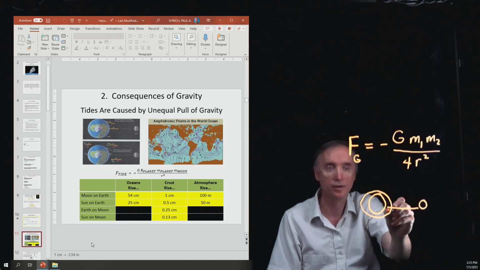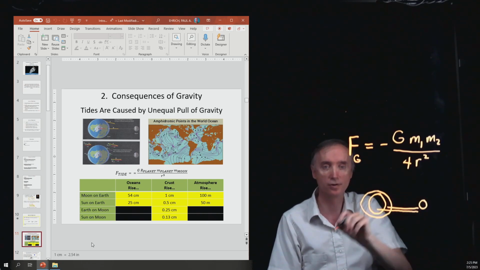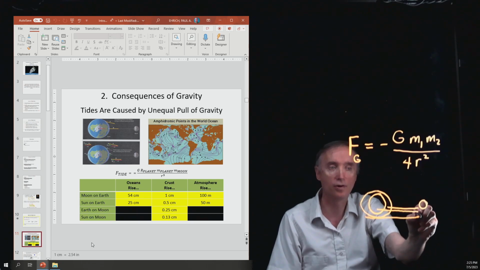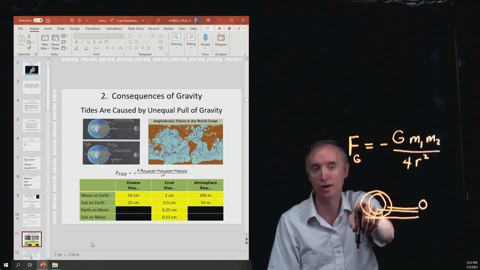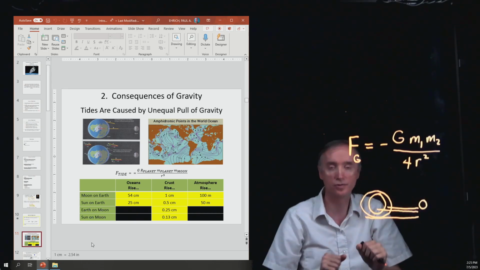Okay, but then the Earth is also being pulled on by the moon. But notice the distance is larger. And then finally this water over here has the largest R, so this water feels the least amount of gravity, but all three of them are being pulled towards the moon.